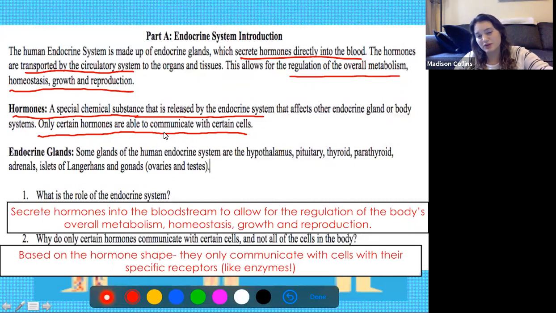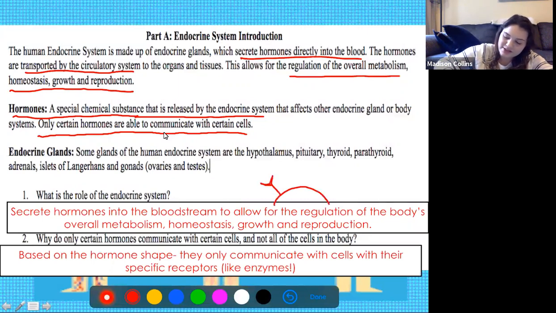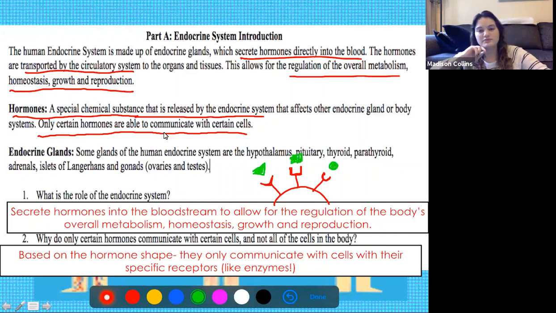They're only going to communicate with cells with this specific shape receptor, the same way that enzymes work. So if this is our cell right here, there are going to be tiny little receptors on the surface. Okay, and hormones know which receptor to go to based on their shape. Okay, so it will look something like this.